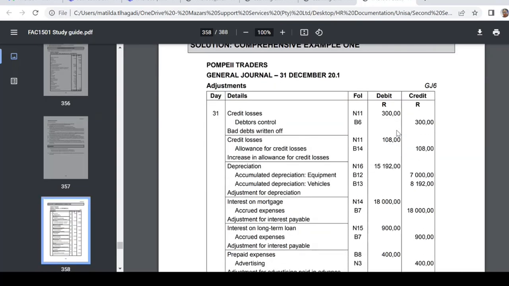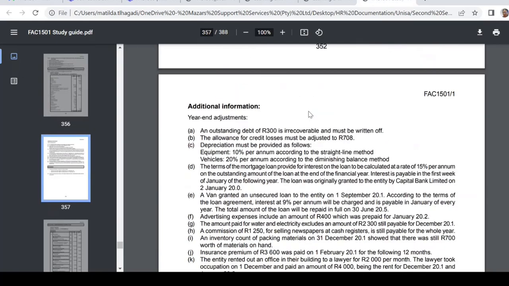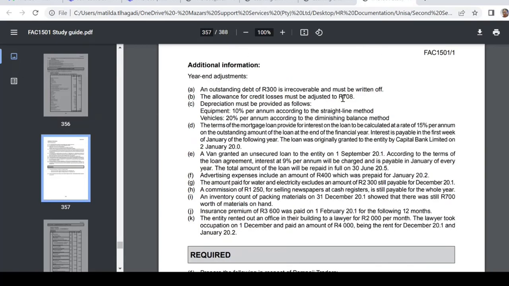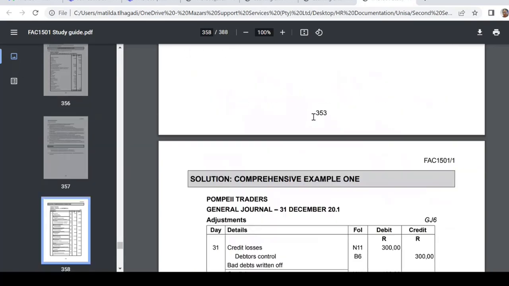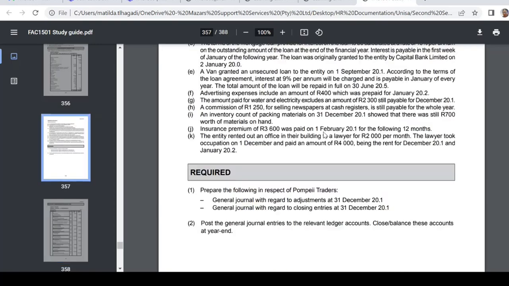Yes, well done. So did we increase or decrease the allowance? We increased it, because it was initially 600, then it was 708. So now we're going to debit credit losses and credit allowance for credit losses.